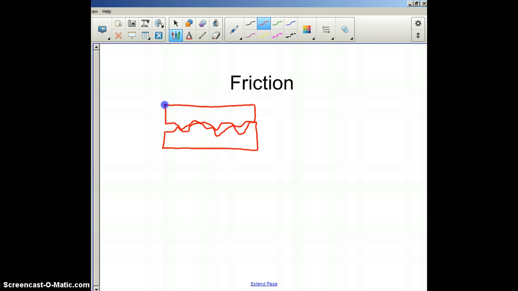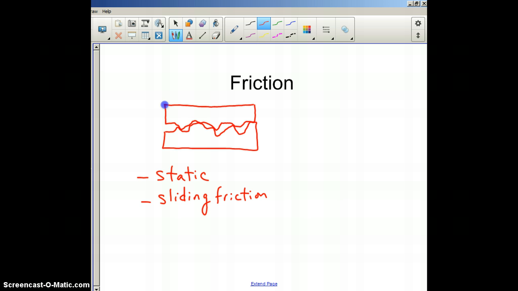There are two main types of friction: static friction, which is the amount of friction that has to be overcome in order for an object to begin moving, and sliding friction. This would be the friction between an object or two objects that are already moving with respect to one another.